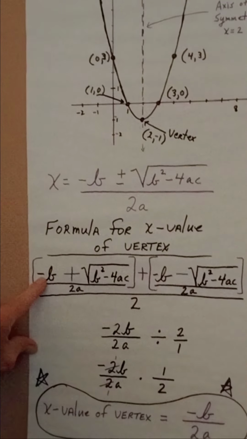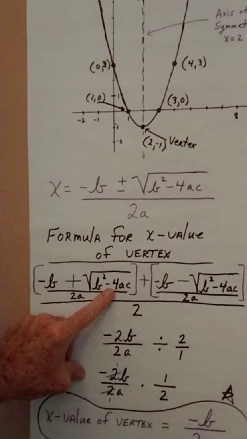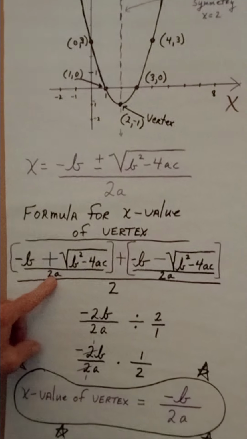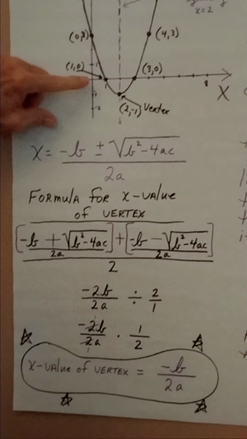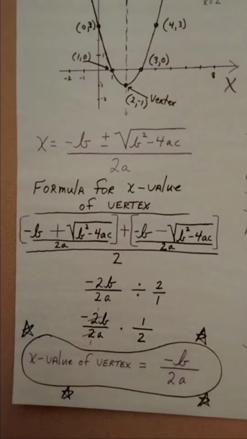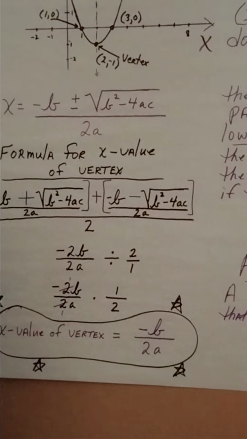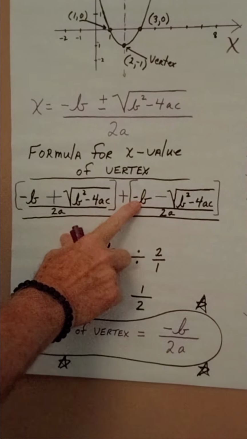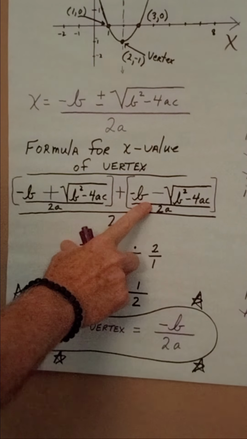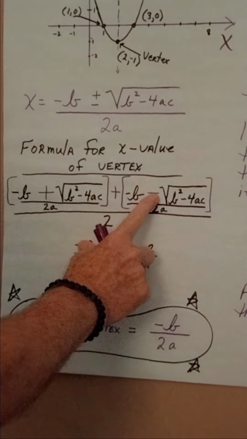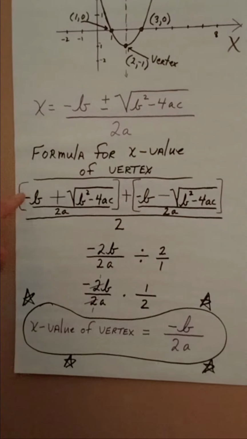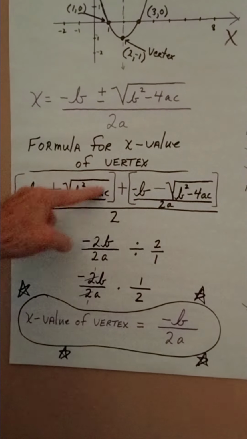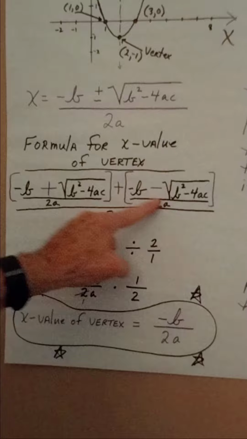That would give you one of those intercepts. Let's say him. It doesn't matter which one. The other intercept will be gained by this: the opposite of b minus the radical of b squared minus 4ac over 2a. This gives one of the intercepts. This gives the other one. Let me point it up here, because I don't want you to be lost.